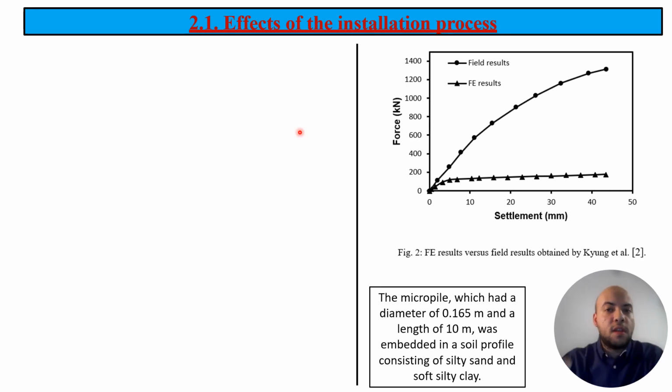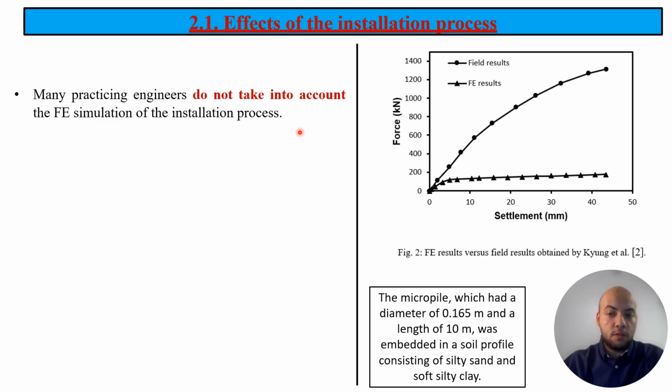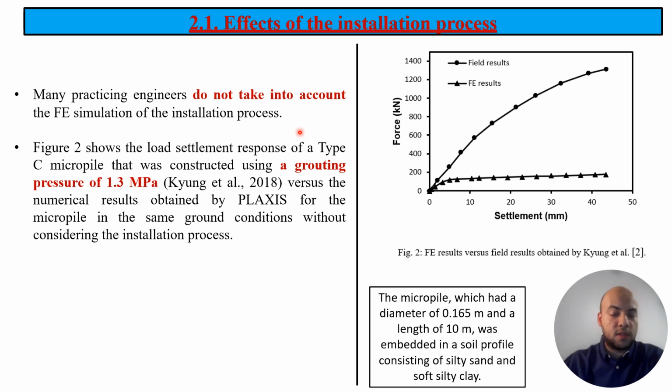You have to consider the installation process. In order to see the effects of the installation process, in this figure we plotted the force versus the settlement of the micropile for the field results obtained by Kyung et al. for a type C micropile constructed with a pressure of 1.3 megapascal.